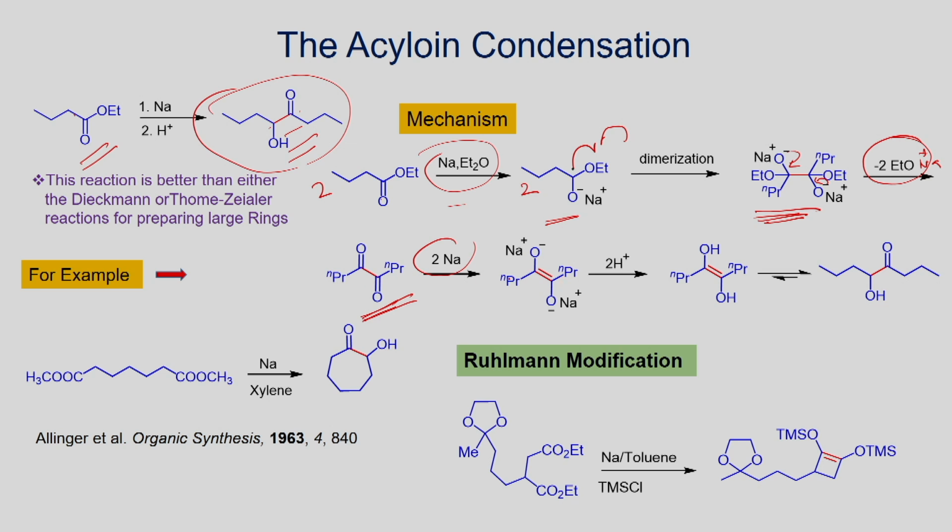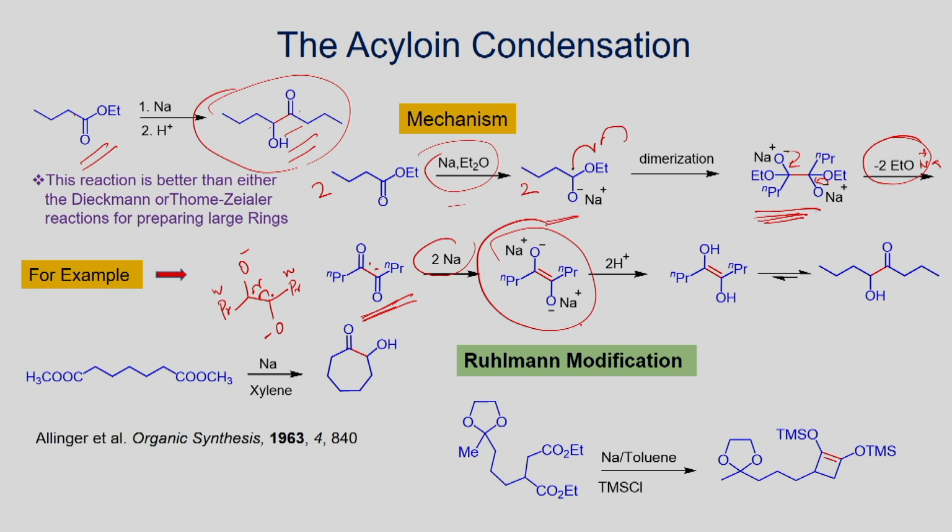You can see here, you form 2 electrons, then you form this intermediate, which can couple together, you form this salt.